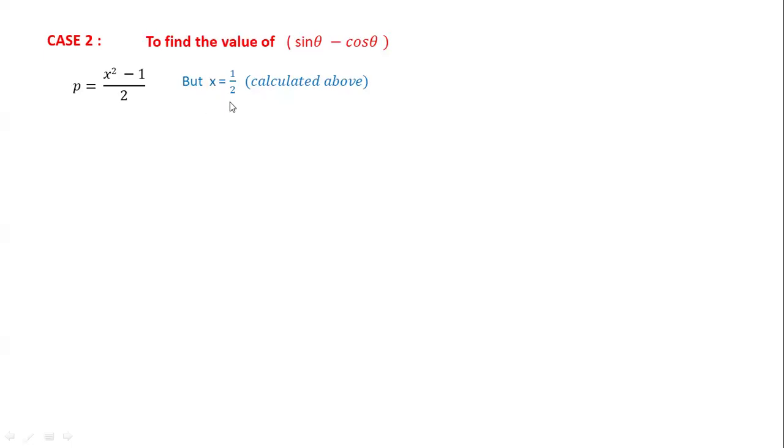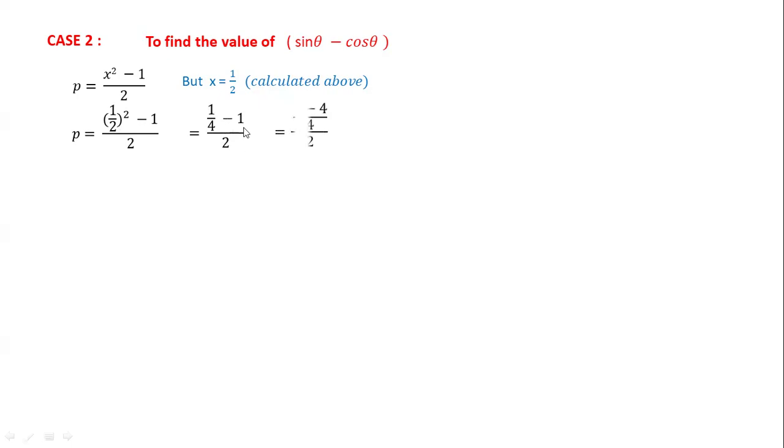But x is equal to 1 by 2. We have already calculated this. So let's put it here. It will become P is equal to 1 by 2 square minus 1 upon 2. 1 by 2 square is 1 by 4 minus 1 upon 2.